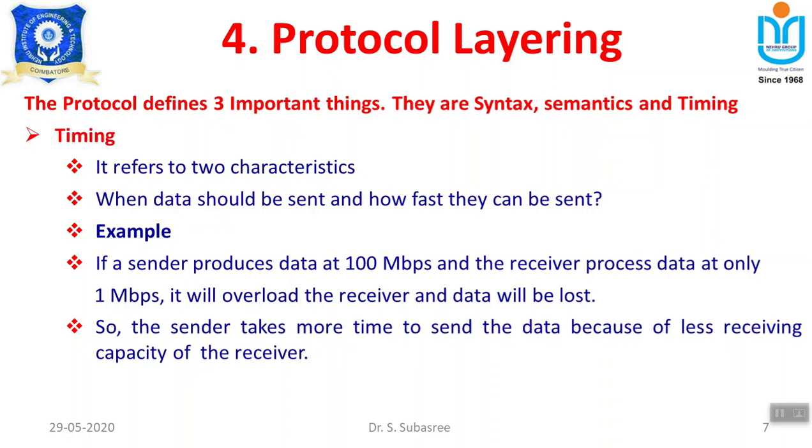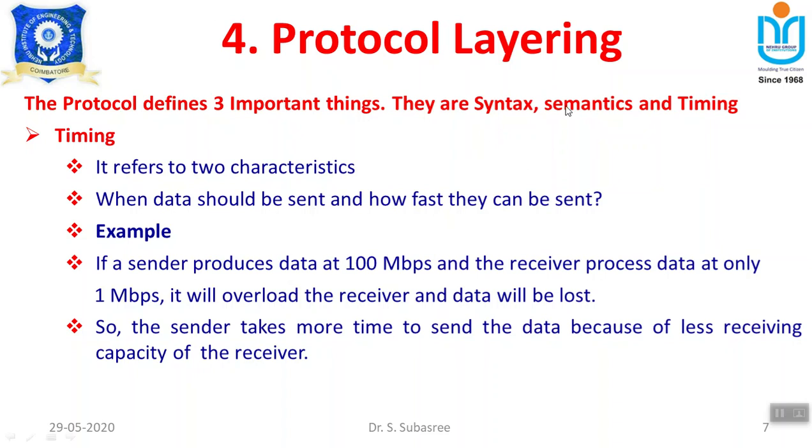To understand the receiver capability, only then can the sender send. Without understanding the receiver capability, if the sender is sending the data, then automatically there may be a possibility of overload as well as data loss. So here, as far as protocol layering is concerned, there are three important key elements. One is the syntax, which is nothing but a format.